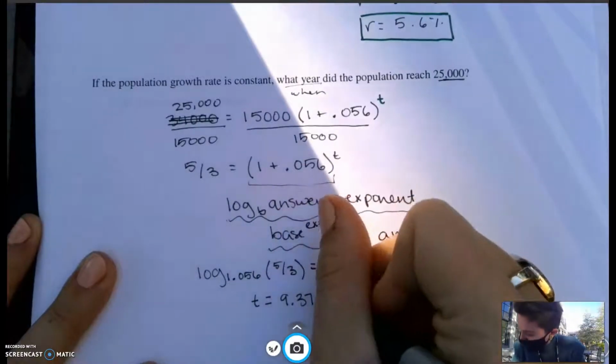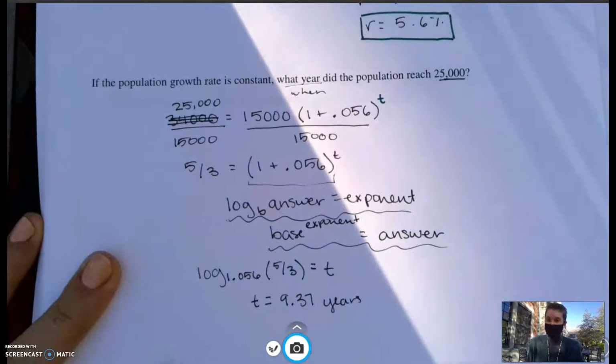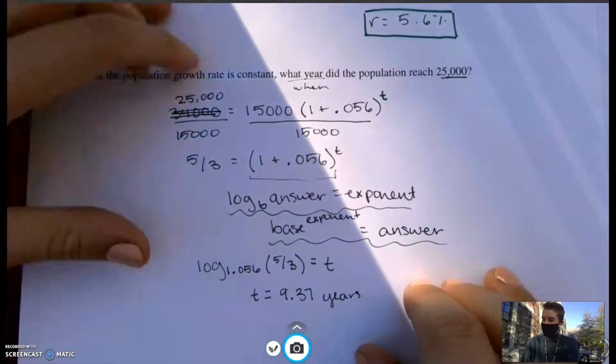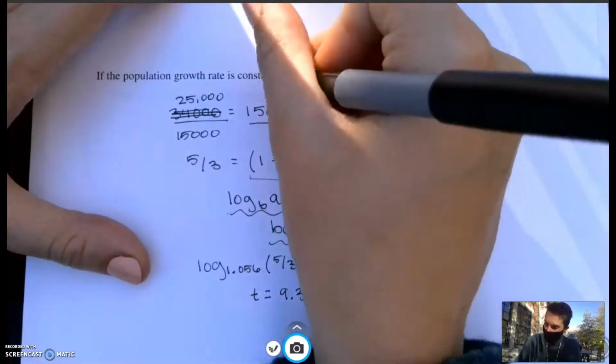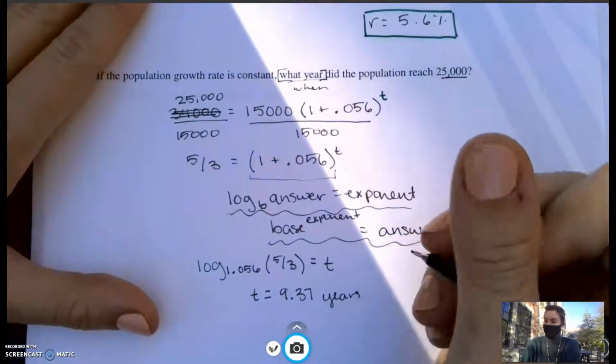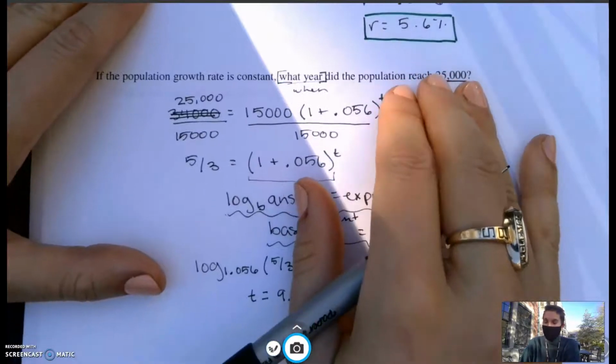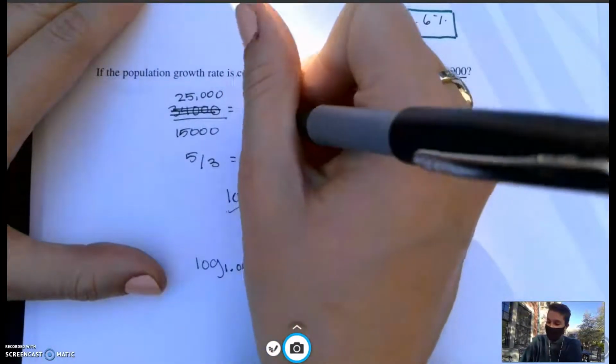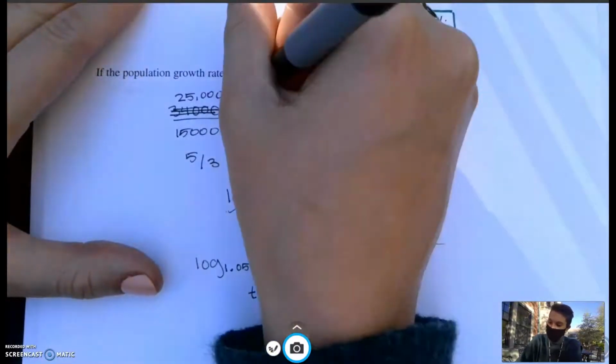9.37 years. At this point, this is actually not our final answer. We have to go back to what the problem asked us for. Our problem asked us for not when in number of years, but what year. Back in our first part, we were told that the start population of 15,000 was in 2001.